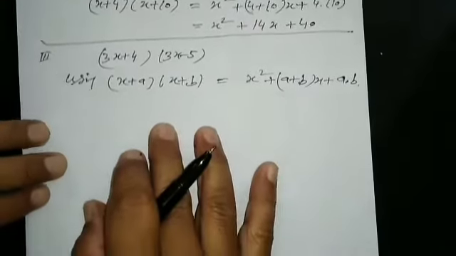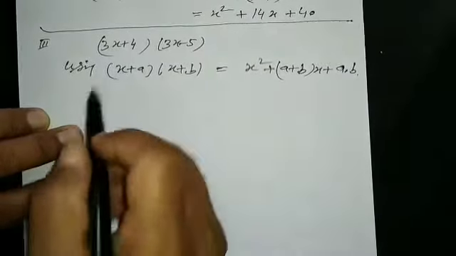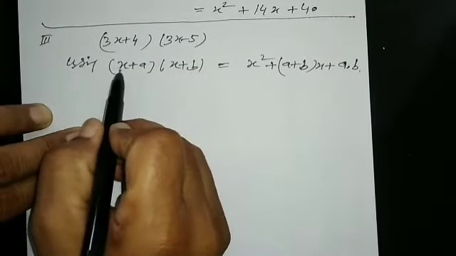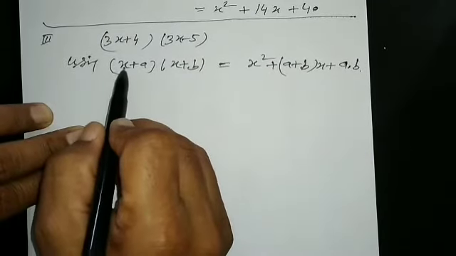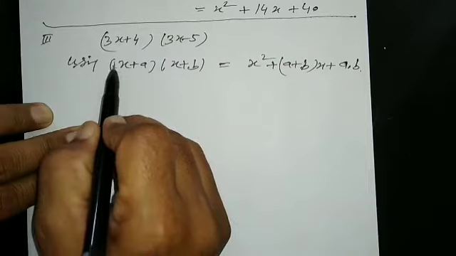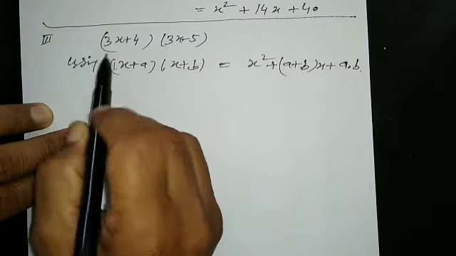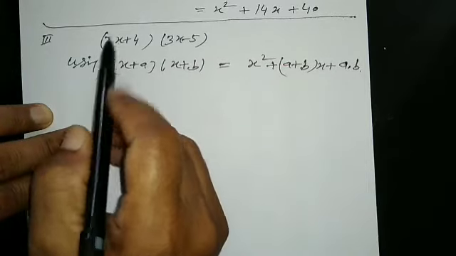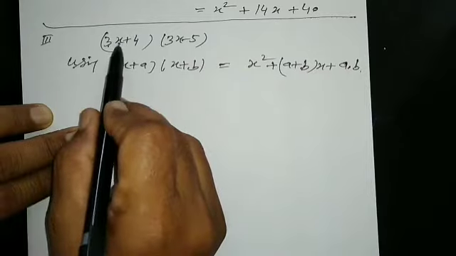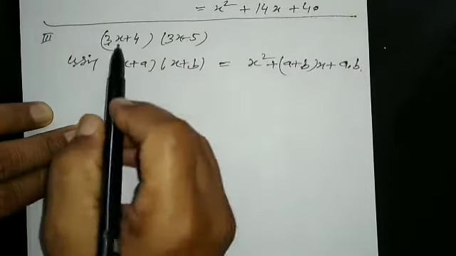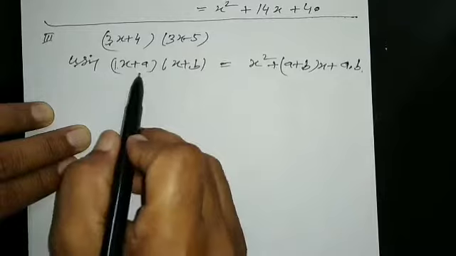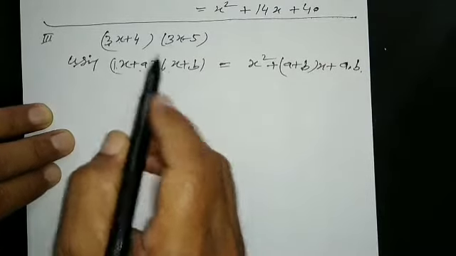Okay. So here if we compare, the multiplier of x is 1 and here it is 3. So first we have to make these factors of this form, right?